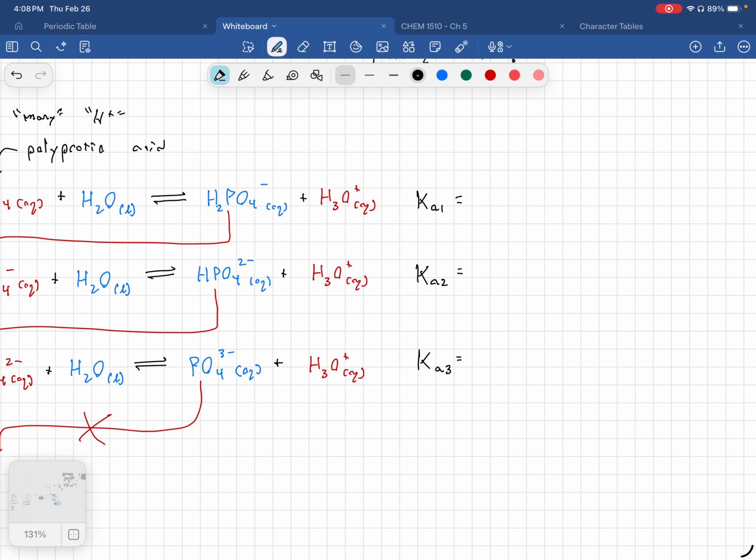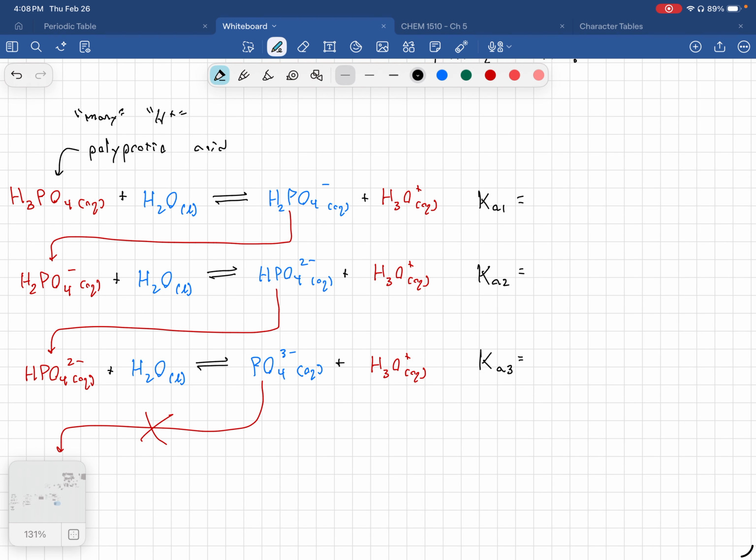I'm not going to write the equilibrium expressions here, but you could write the equilibrium expressions for each one, right? So for the first one, for example, it's going to be our H2PO4 minus H3O plus all over H3PO4 and so on, right?